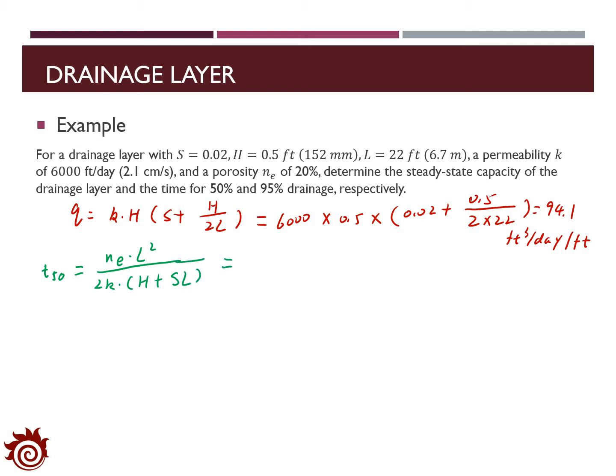So Ne is 20%, that is 0.2, times 22 squared over 2 times the permeability 6,000 times H, which is 0.5 plus 0.02 times 22, and the answer is 0.0086 day.